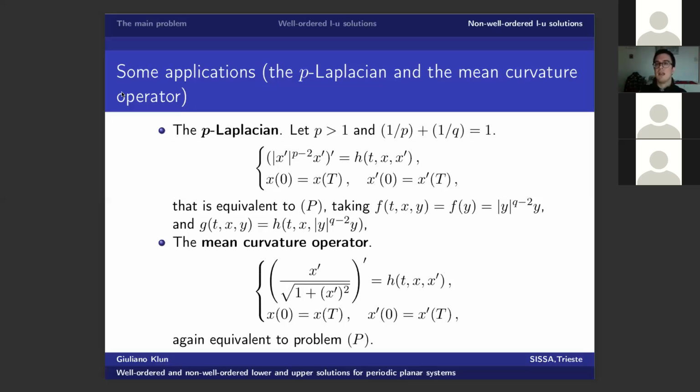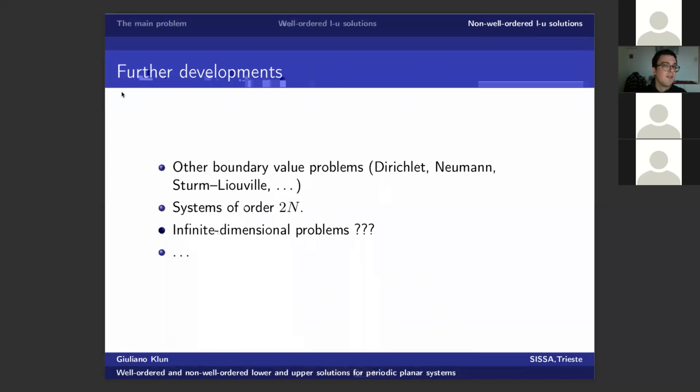And this can be easily seen if you remember the slide where I talked about the invertible homeomorphism phi. This is the case. With this, only some further developments. We have not already seen any of this. These are problems that can be studied after this.